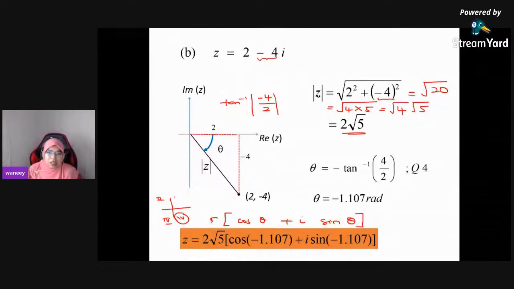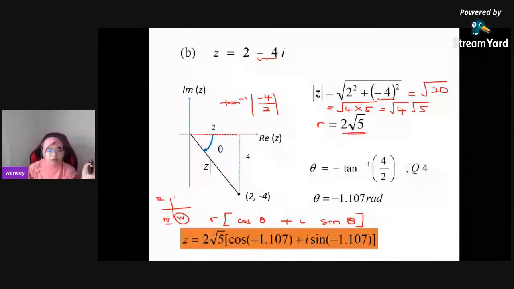Okay, so r is over here, so this is your r, 2 root 5, cos of theta. So if let's say you do have something with negative, then simply put a bracket and then write down whatever that negative number is, plus i sin whatever that number is, and then close bracket. So again, one polar form done.